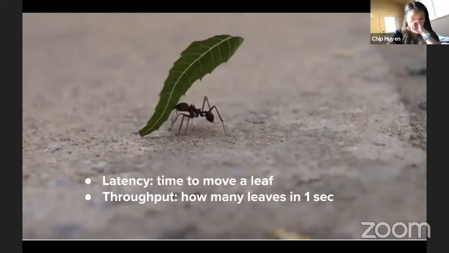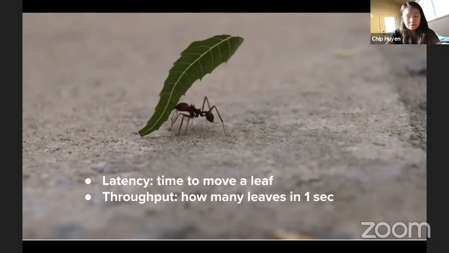I'm sure people in the lab are familiar with latency and throughput, but I'm just going to refresh the concepts in case someone is watching on YouTube. I find the image of an ant carrying a leaf a pretty good metaphor for latency and throughput.